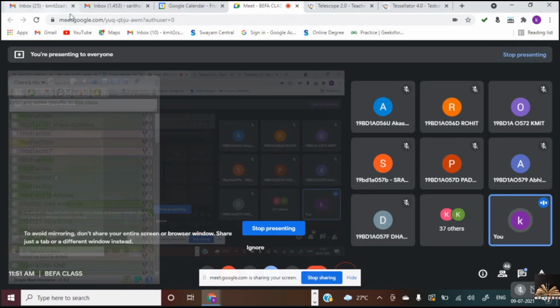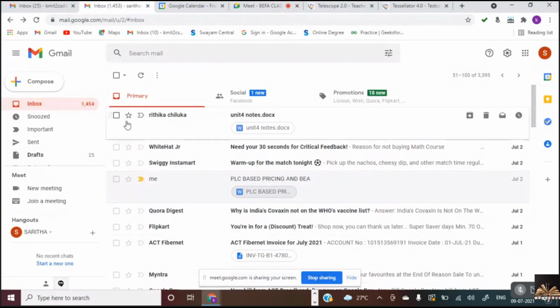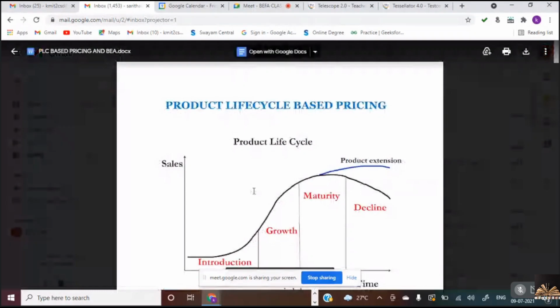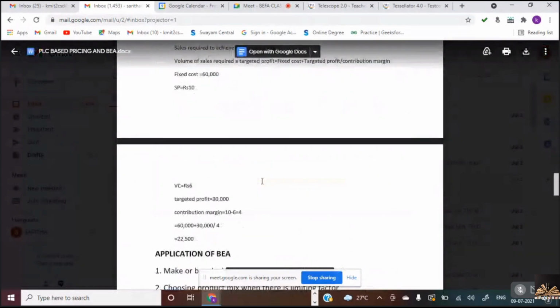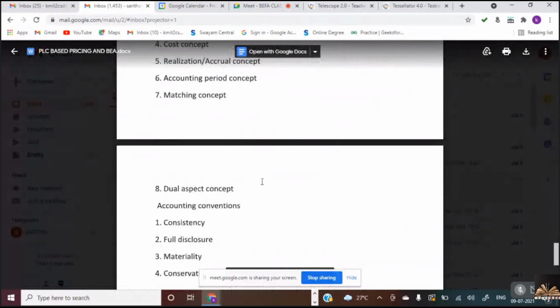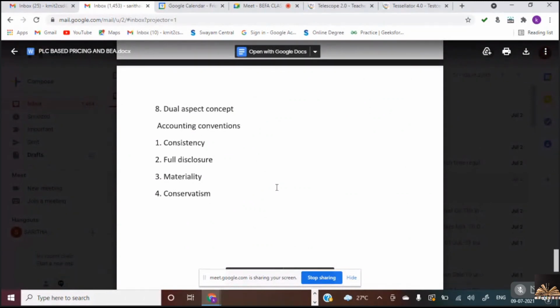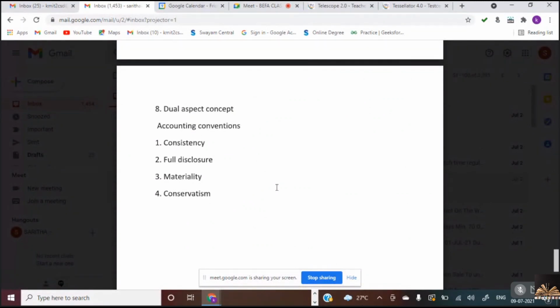According to the consistency concept, whatever method they follow should be maintained for a consistent period of time, at least for 5 years. Like for example, this year I maintain the books of accounts in the cash method, and the next year I go with accrual. There is a difference between the profits.